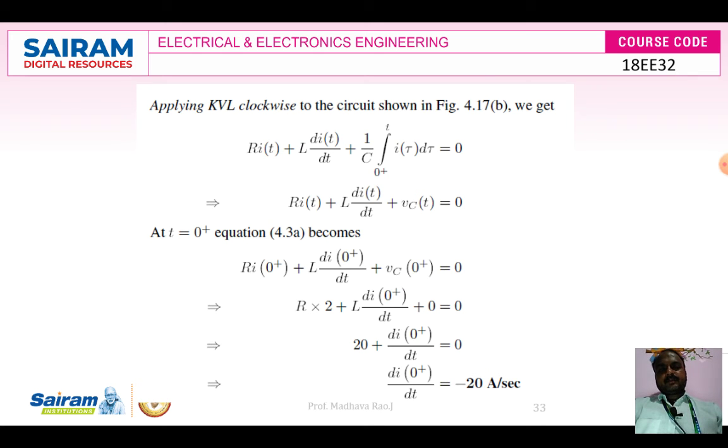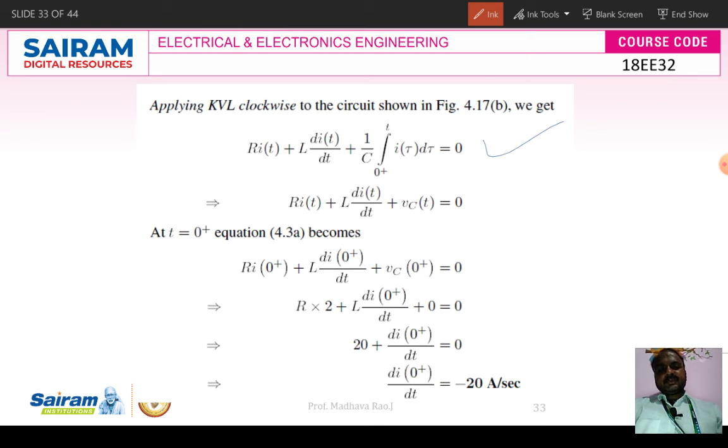So here we have this expression. At t is equal to 0 plus it becomes like this. Then di of 0 plus by dt is equal to 20 minus 20 amperes per second.